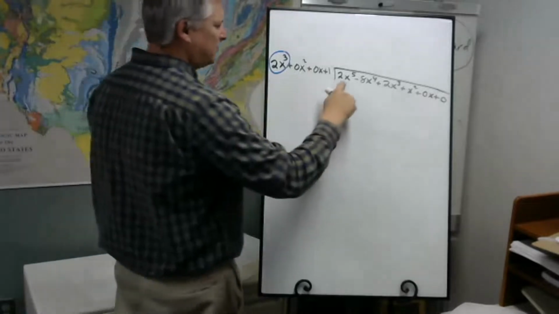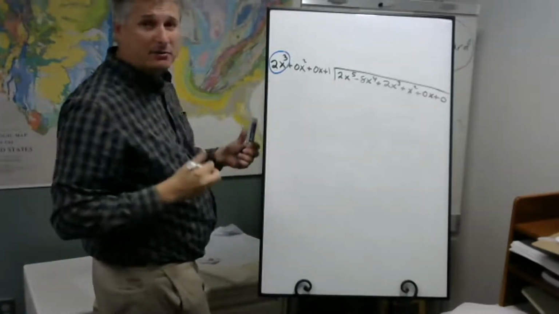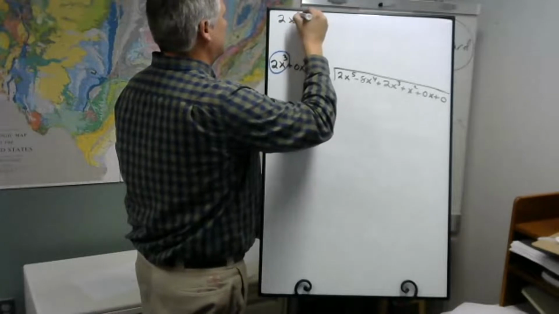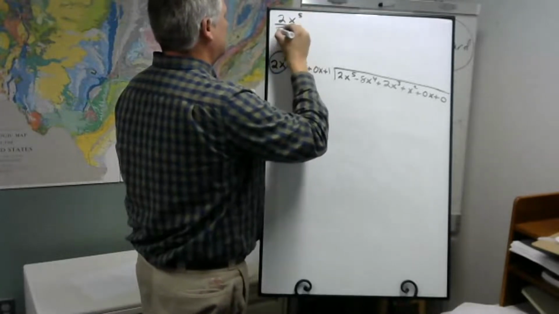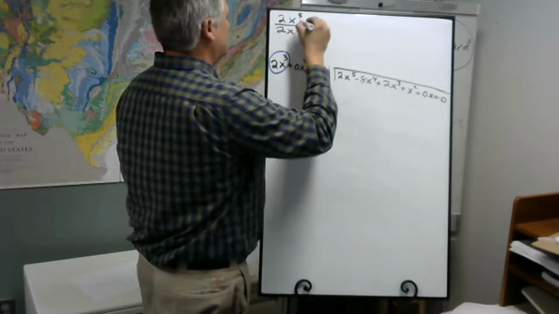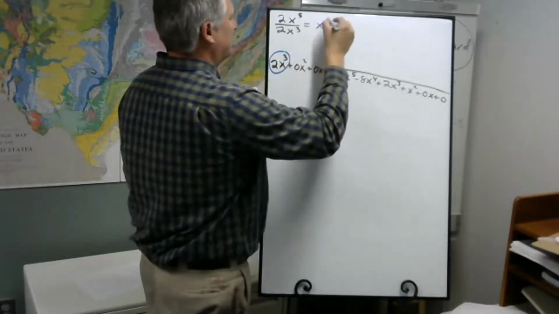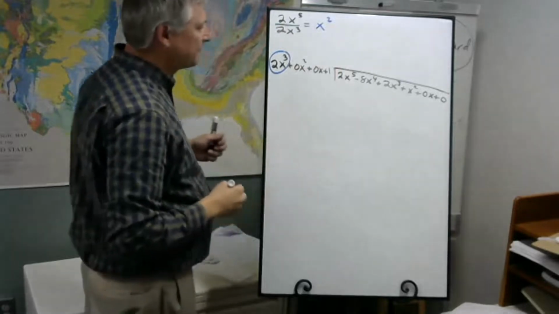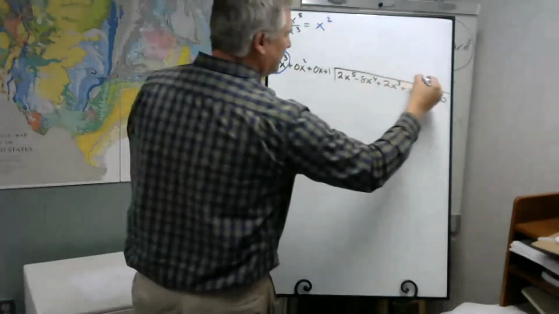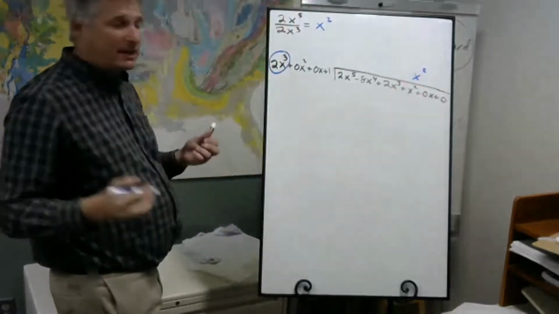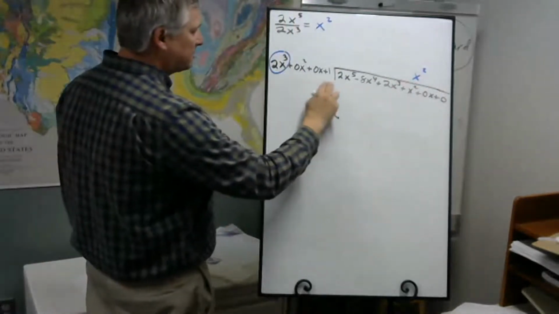So let's start out: 2x to the 5th divided by 2x cubed. Well, that's going to be x squared. So let's put x squared in the x squared column. Then we multiply through by x squared.